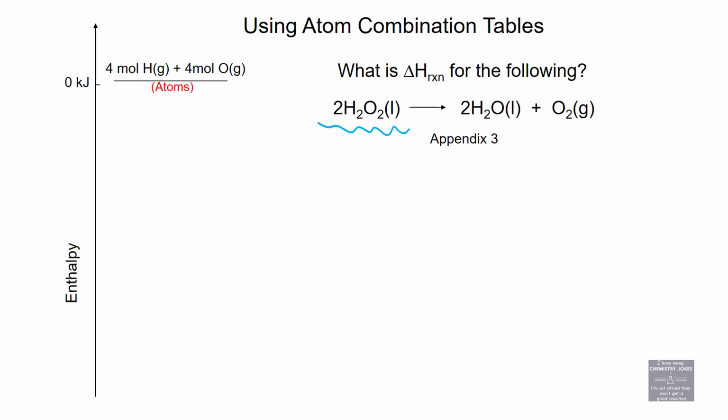And in the back of the book, I find H2O2 as a liquid as negative 1121.42 kilojoules per mole. So I'm reacting 2 moles of this stuff. So if I draw a shelf for my 2 moles of H2O2, I'm going to put that shelf at negative 2242.84 kilojoules.